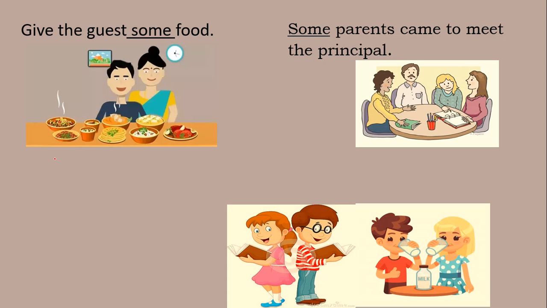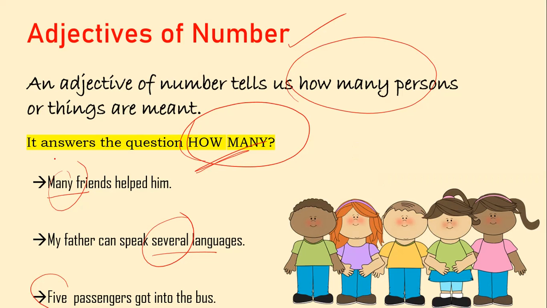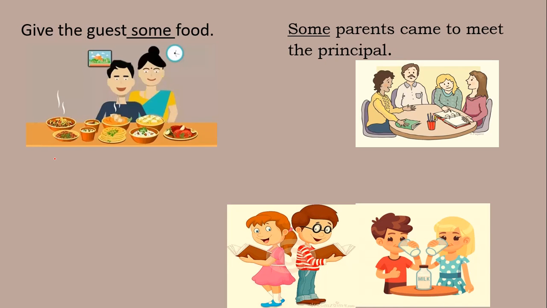Okay, so let's see these examples over here. It will help us in understanding adjectives of quantity and adjectives of number in a better manner. In the first example, give the guest some food. And second one, some parents came to meet the principal. Both of them are used as adjectives, but there is a small difference.